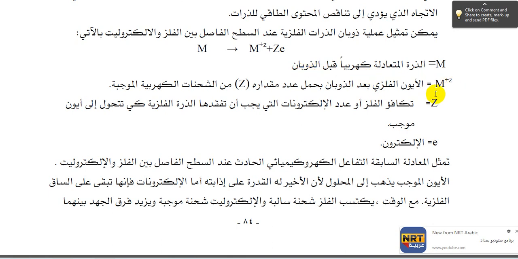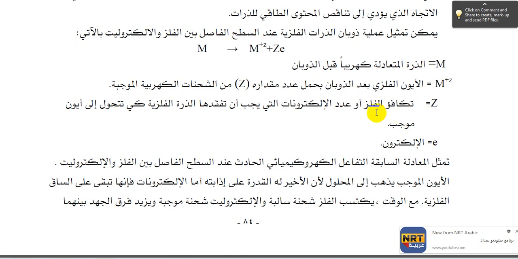M plus Z, M زائد Z, is the post-dissolution atomic ion, الأيون الفلزي بعد الذوبان, which carries an amount of Z of positive electric charge. الأيون الفلزي بعد الذوبان يحمل عدد مقداره Z من الشحنات الكهربية الموجبة.